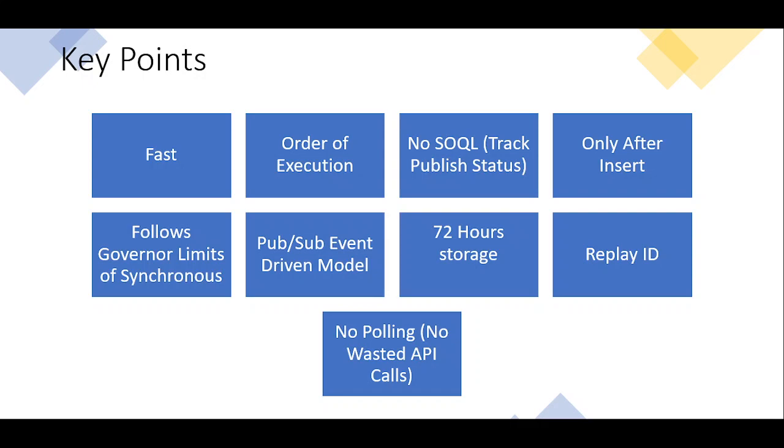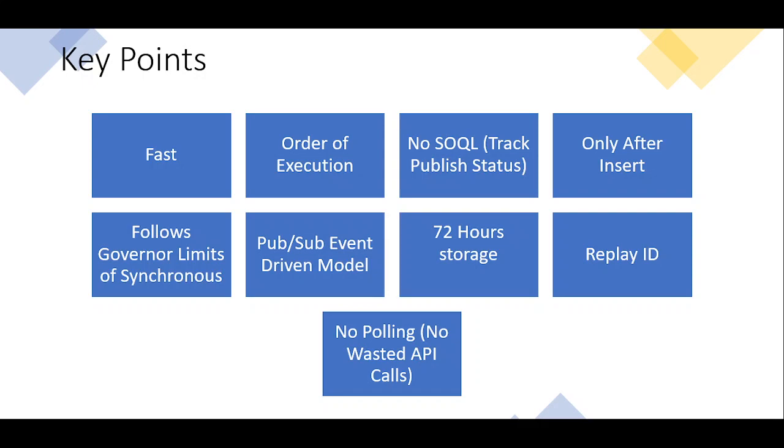That is one way. The second way is you publish a platform event within Salesforce, and within Salesforce you have certain subscribers, such as flows, Comet, or a Lightning component. So there are certain ways you can subscribe to a platform event within Salesforce.